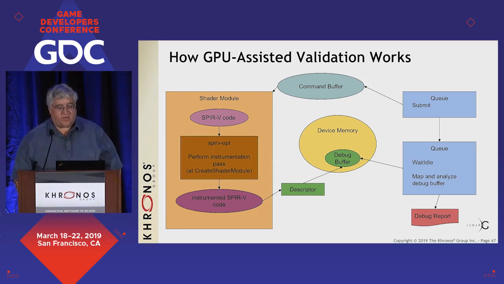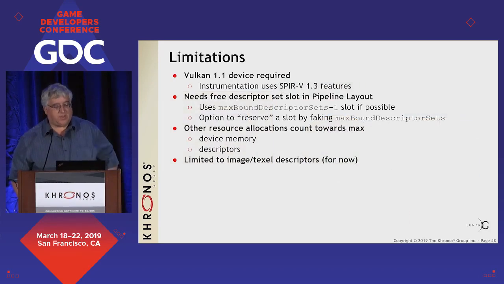A quick diagram about how it works. If you start at the upper right and submit a command buffer, of course, submitting the command buffer causes shaders to execute. And the shader module was instrumented for you at the time that you called create shader module. It performed a SPIR-V optimization pass, which is actually an instrumentation pass that's performed by SPIR-V opt.